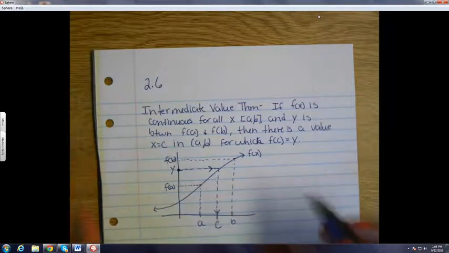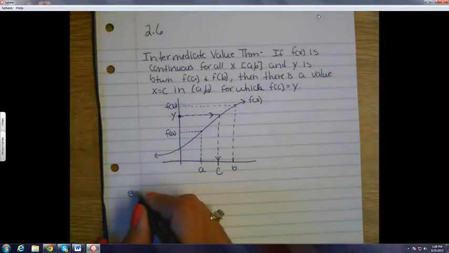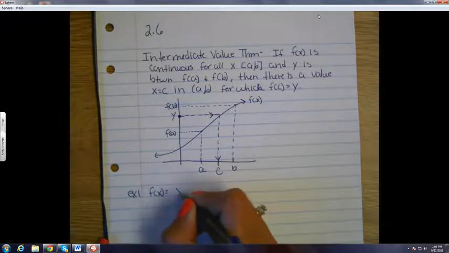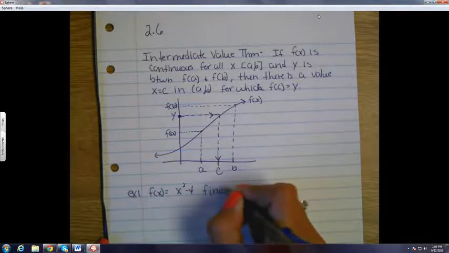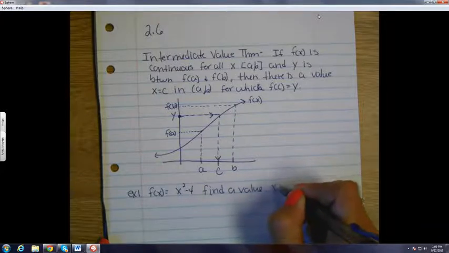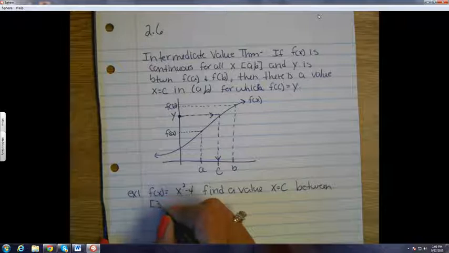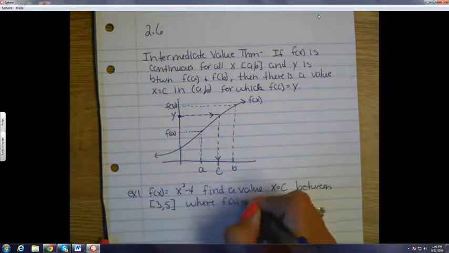Alright. So, how hard are these problems? Not difficult at all. So, for f of x, which equals x squared minus 4, find a value of x, which we'll call c, between 3 and 5, where that f of c value comes out equal to 12.